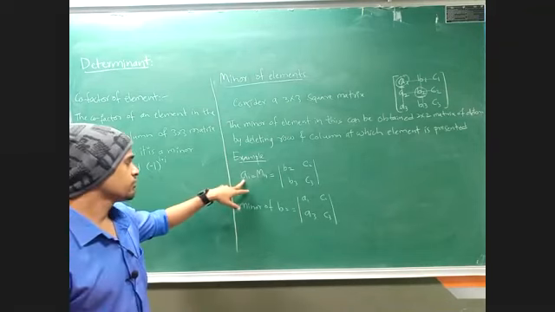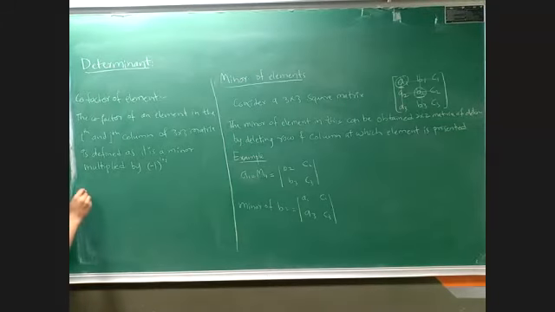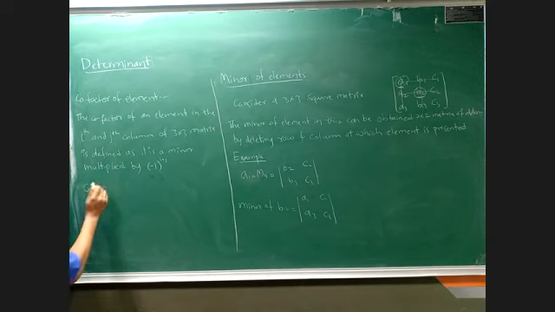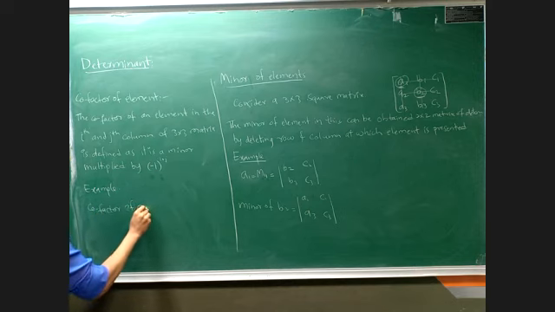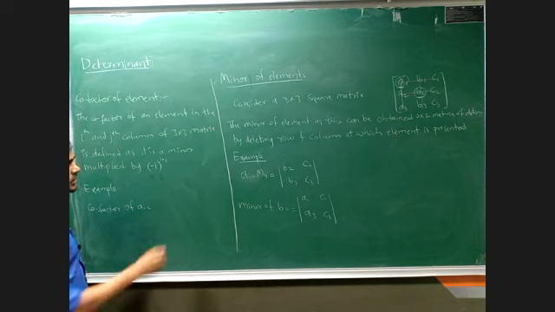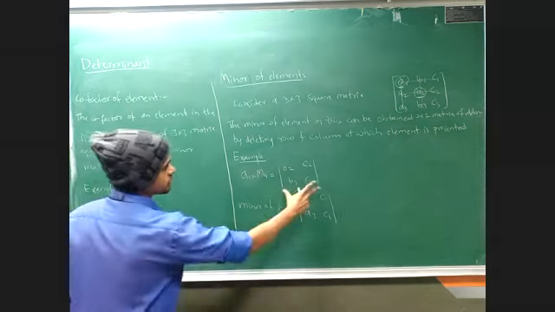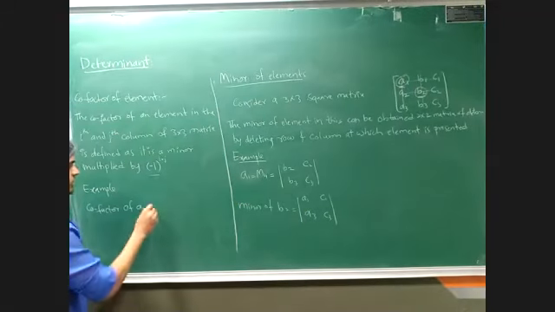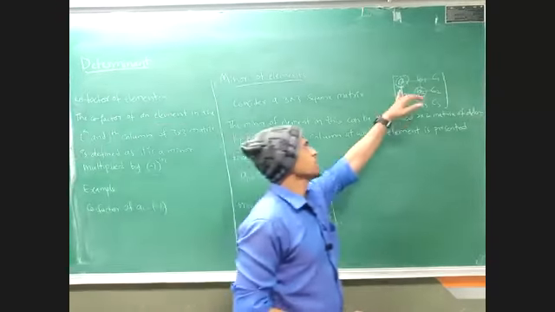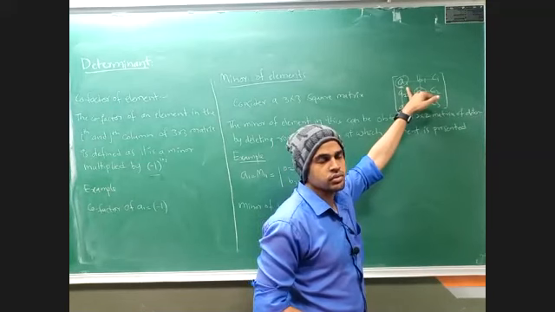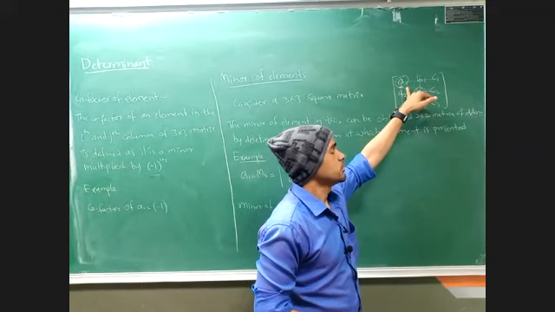Suppose I want to find the cofactor of A1, for example. The cofactor of A1 is nothing but I have to multiply this term with the minor of A1.